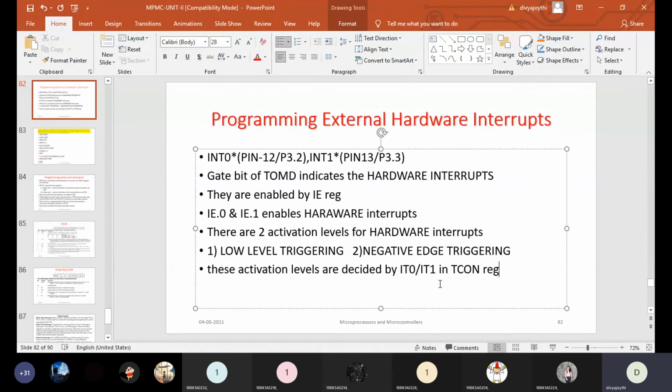If the values are zeros, it is going to execute the hardware interrupt at low level triggering, and if these two values are 1, then the controller is going to execute the hardware interrupts at negative edge triggering.